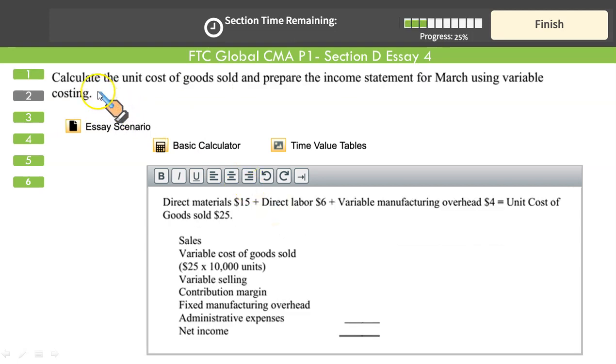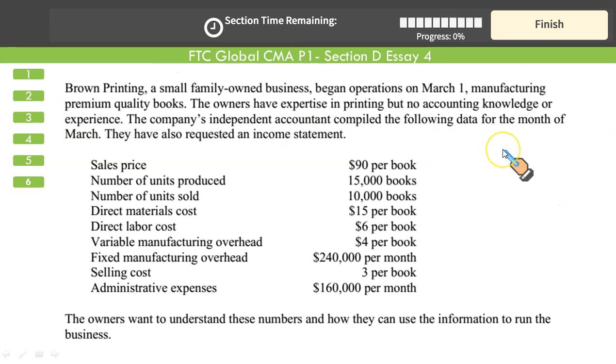Then calculate the unit cost of goods sold and prepare the income statement for March using variable costing. When you use variable costing, you need to first calculate the contribution. How do we calculate contribution? $90 is the selling price.